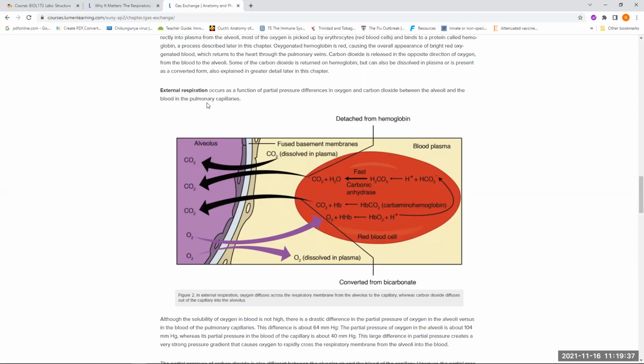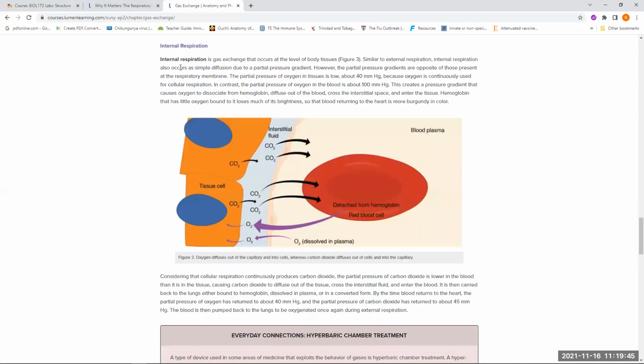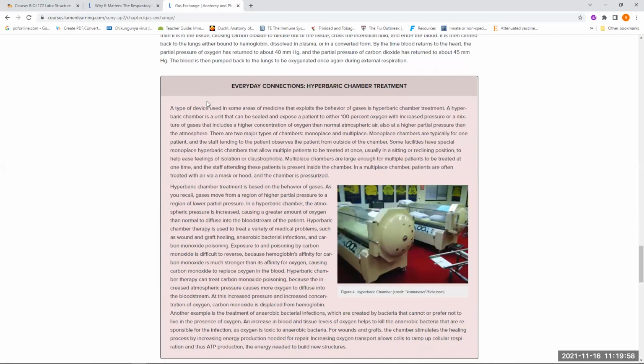So oxygen moves from the alveoli into the blood, CO2 moves from the blood into the alveoli and into the external environment. Internal respiration refers to the movement of oxygen from the blood into the tissues, and then, of course, movement of CO2 from the tissues back into the blood. That is known as internal respiration.